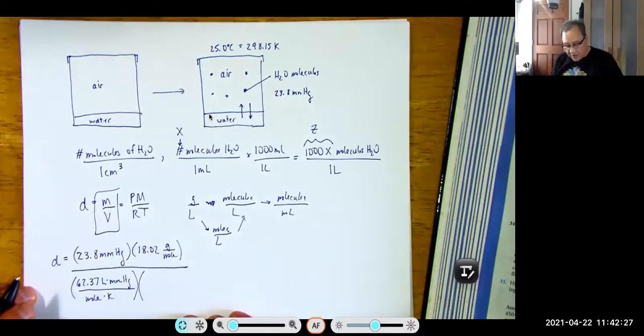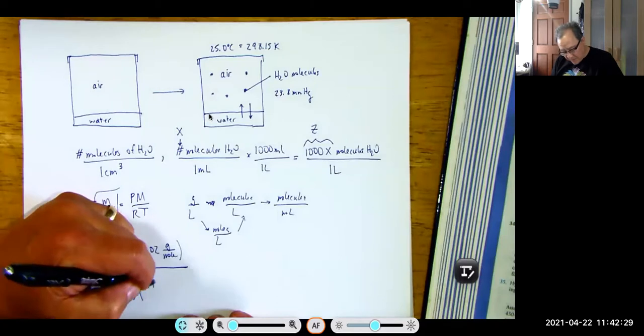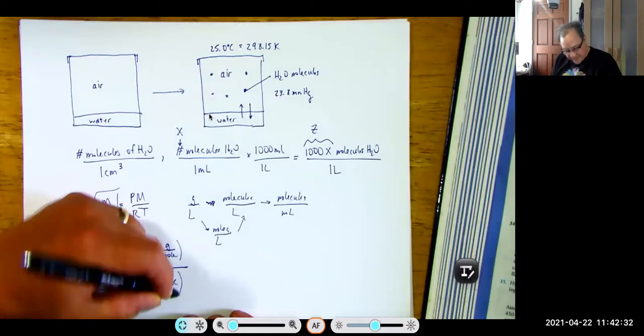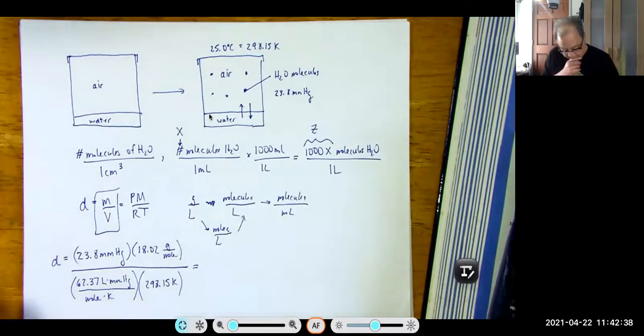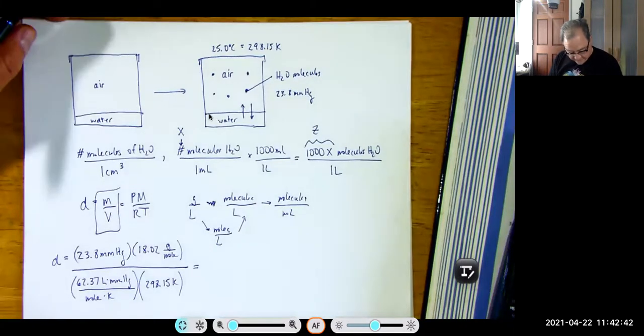And the temperature is 298.15 K. And this is going to give us our density of water. Are you ready to estimate this one? Almost.